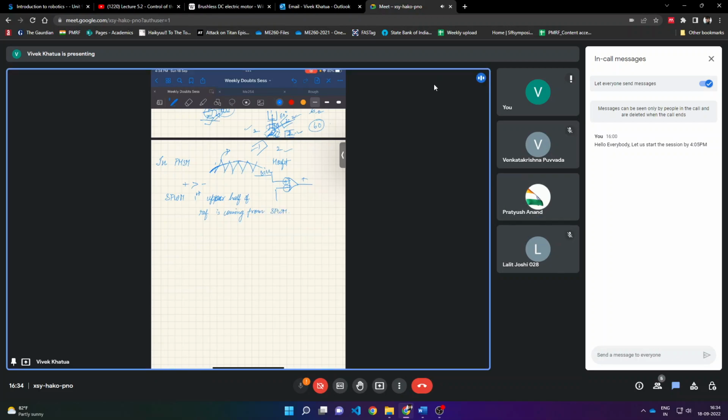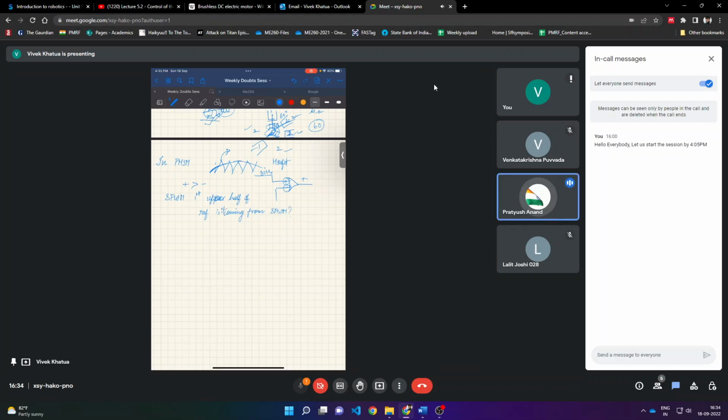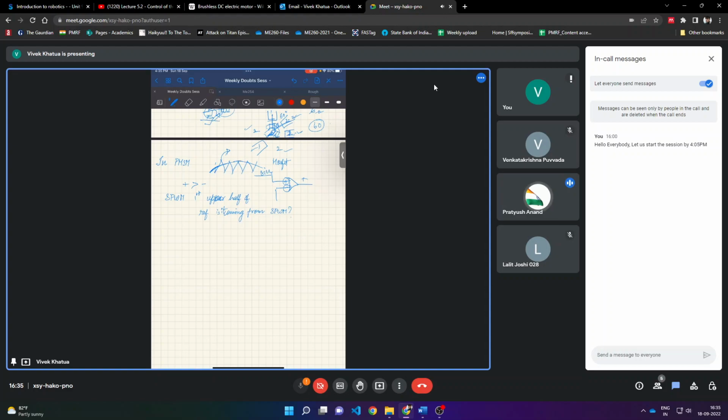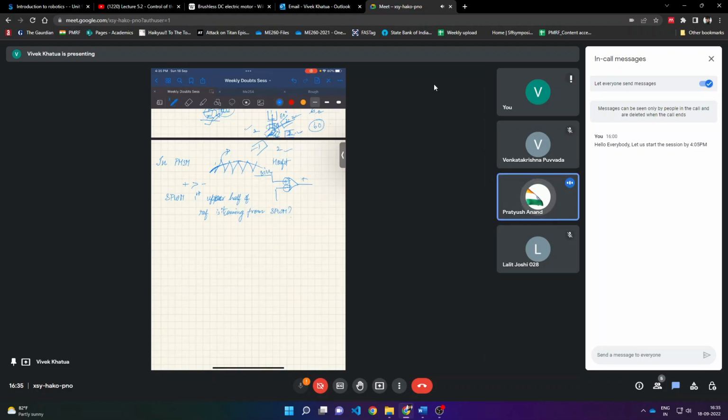This is what you are asking? No, here two things are there. One triangular waveform is there and one reference is there, overlapping the waveform in the comparator. My question is, whatever reference we are taking, that is somewhat in the form of a curve. That's what I am asking. Where is it coming from? Is it coming from varying the pulse width?